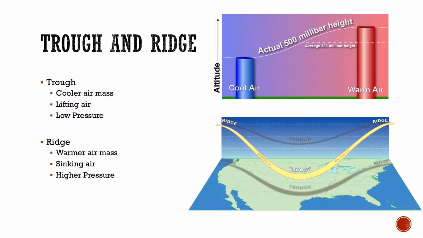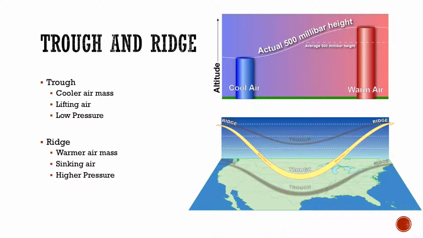Now, meteorologically, we talk about troughs and ridges, and that's because of how we look at weather maps. All of our weather maps, some of those that I showed you, are what we call constant pressure maps. That 500 millibar map that I showed you in the weather briefing is all 500 millibars, all one pressure level.